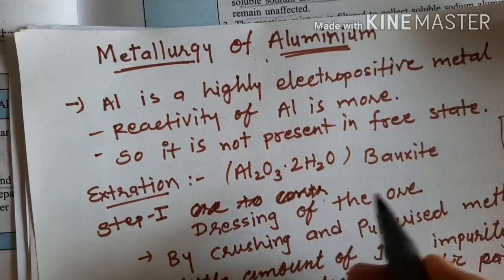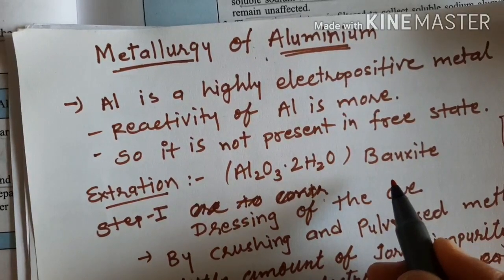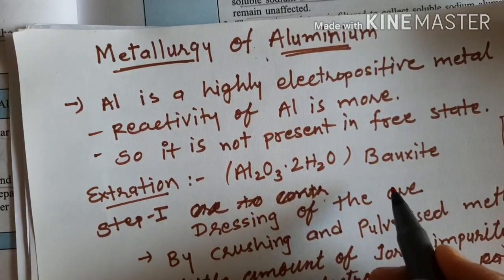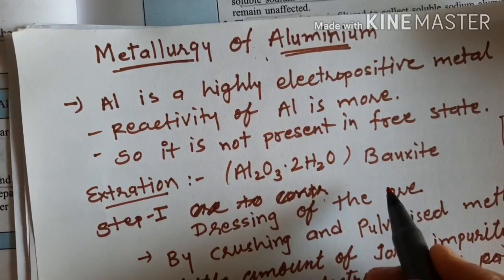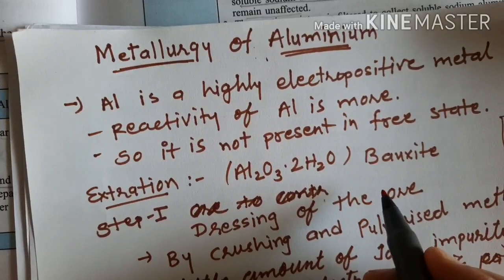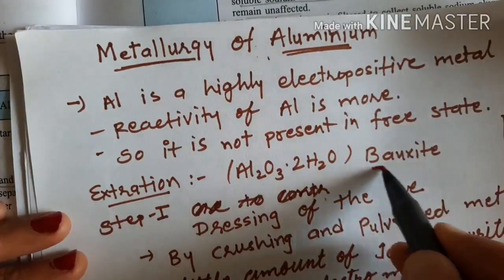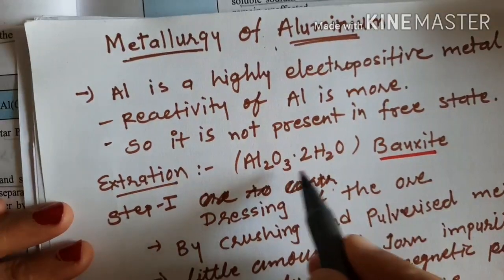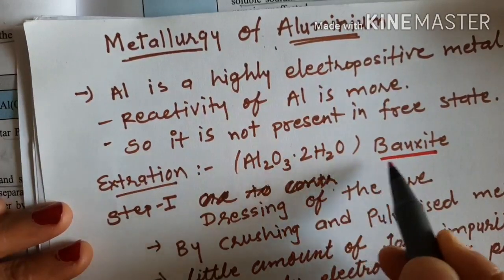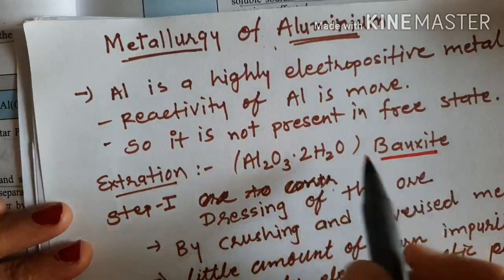So from bauxite we are extracting aluminium, and it is a very useful metal. The extraction from bauxite, Al2O3.2H2O, this is bauxite.